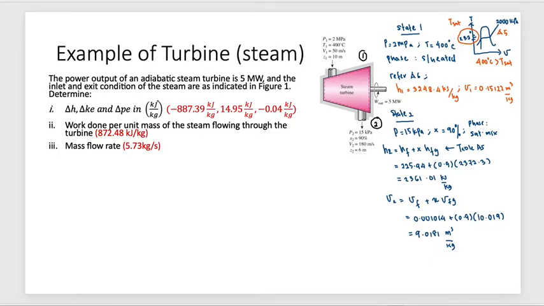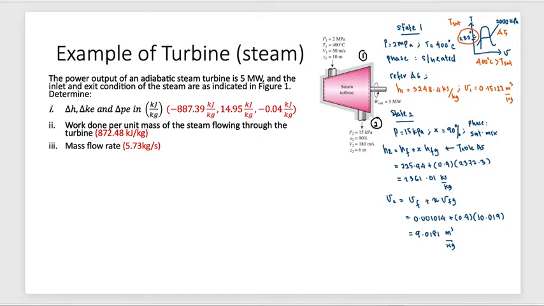So please have a look at the unit, and the unit is in kilojoule per kg, which means all the properties must be in small letter. Alright, since this is about steam, we have to be very careful. We have to check the phase at each state.